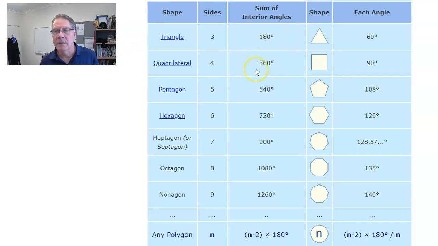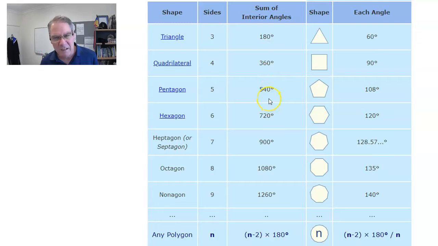Well, if I looked at 360, how's that related to 180? Twice as long. Right, so 2 times 180 is 360. Great. What about 540? Is that related to 180? Well, 3 times 180 is 540.